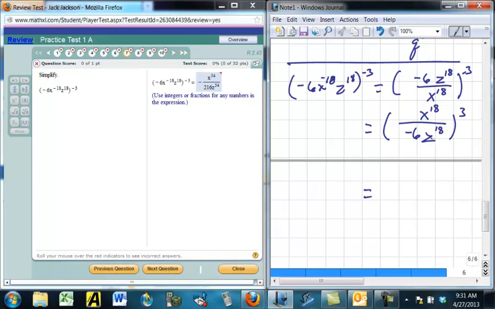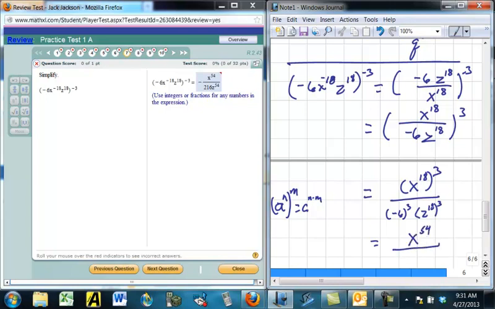Now, since this is all multiplication, we raise each part to the third power. We have a property of exponents that says a to the n to the m is a to the n times m. So that allows us to multiply these powers. 3 times 18 is 54, so this is x to the 54th, z to the 54th.